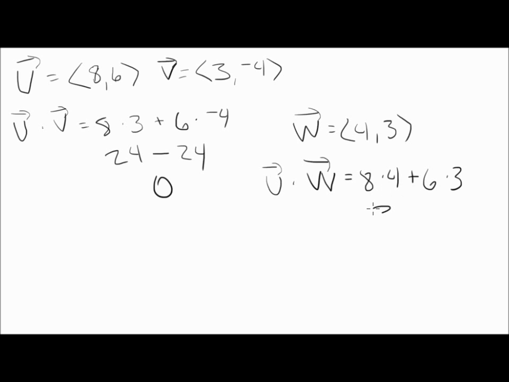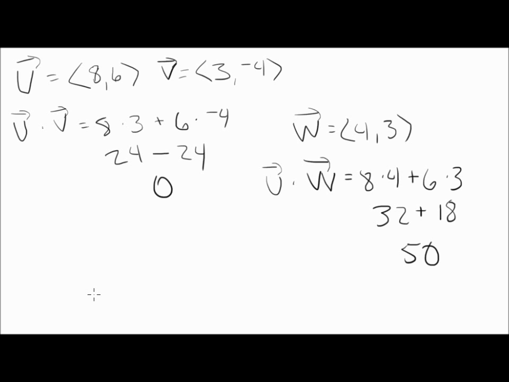So we know 8 times 4 is 32, and we know 6 times 3 is 18. If we add 32 and 18 together, that gives us 50. So we know that U and W are not perpendicular vectors, but we know U and V are perpendicular vectors.